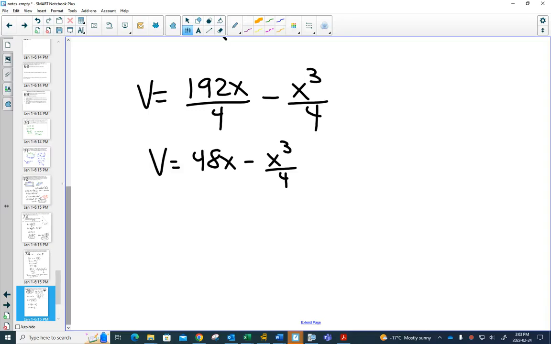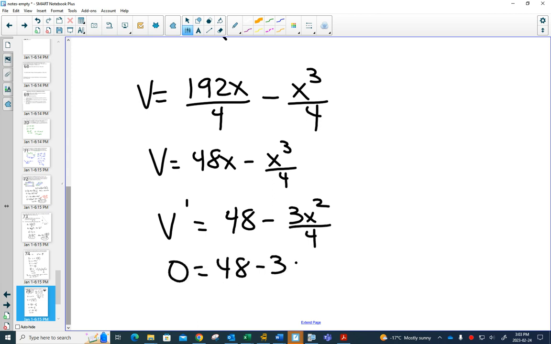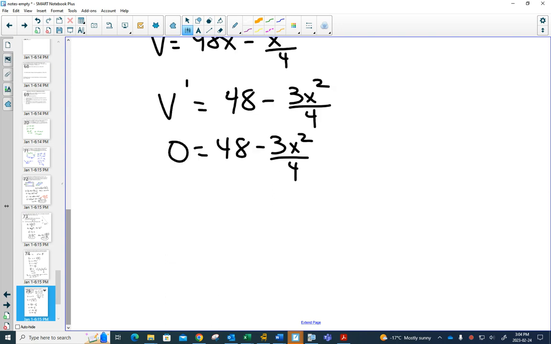So if its volume is a maximum, we find our derivative, 48 minus 3x squared divided by 4. Set it equal to 0. And solve.